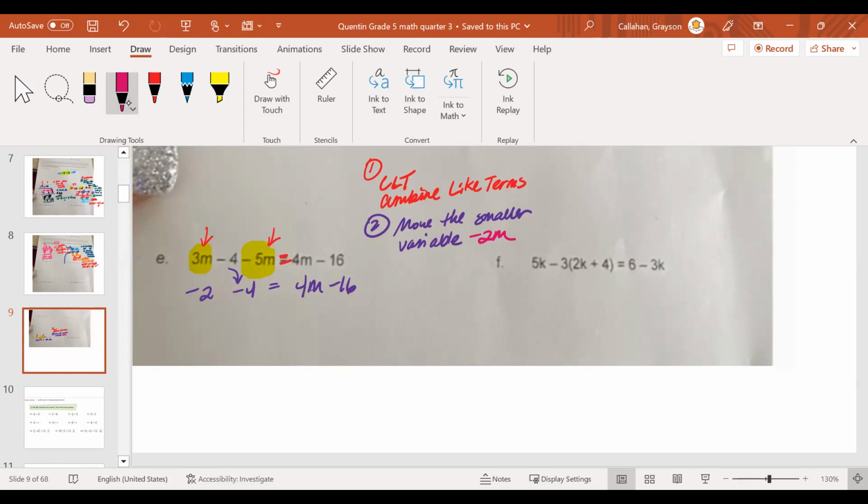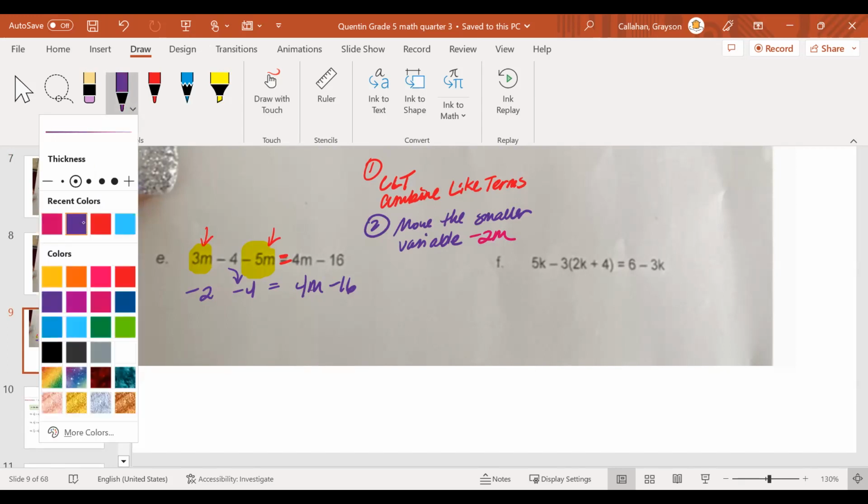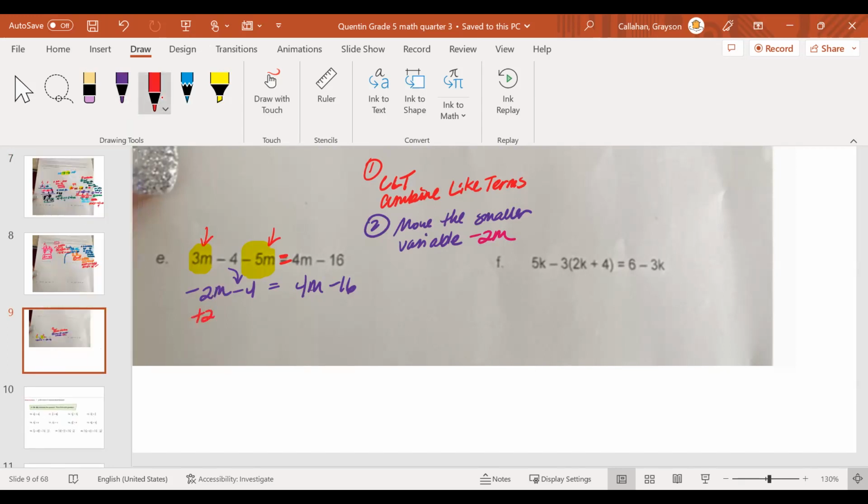What's the opposite of a negative 2M? Positive 2M on the left side, positive 2M on the right side. Now, this part cancels. Get negative 4 equals, what's 4 plus 2M? What's 4 plus 2? Okay, Step number 3.